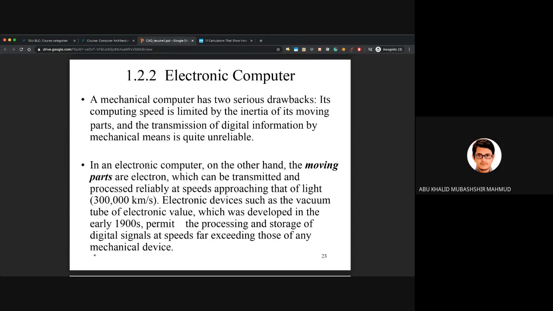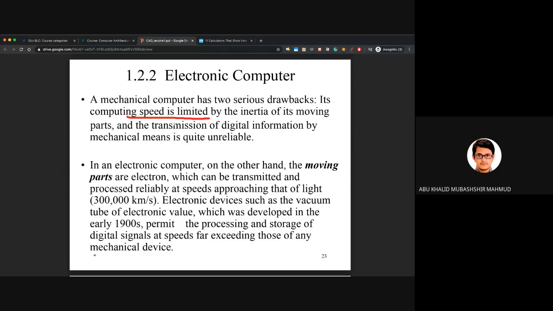The reason behind this is that while the mechanical computer had no error of its own, it was very slow, and because of that, the information that was transmitted was unreliable. So these two are the drawbacks.